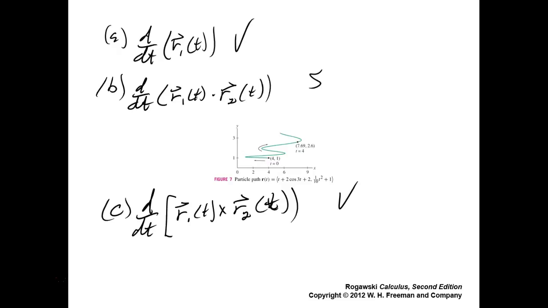Any of the odds 29 through 33, 35, or 37 or both if you choose. Any of the odds 39 to 45, any of the odds 47 to 53. And any of the odds 55 through, I'd say 63.